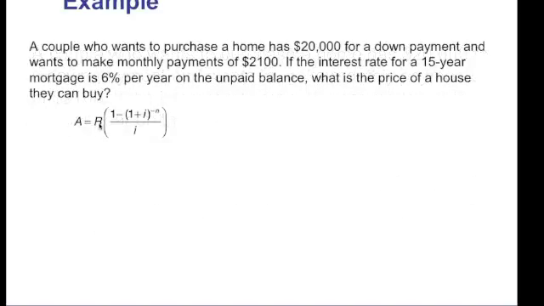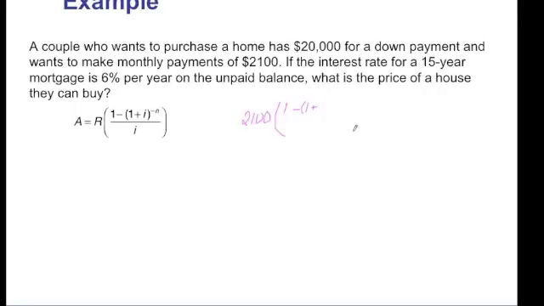Using this, A equals R times 1 minus (1 plus I) to the negative N divided by I. We're using that equation. Filling in the values, we have a down payment of $20,000. So the monthly payments we can afford are $2,100. That's R. 1 minus 1 plus I, which is the interest rate.